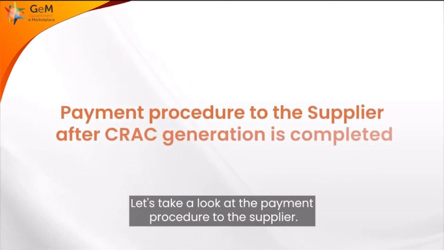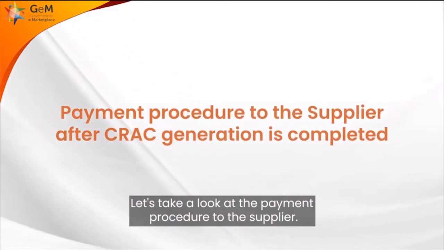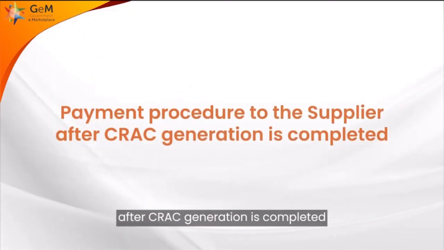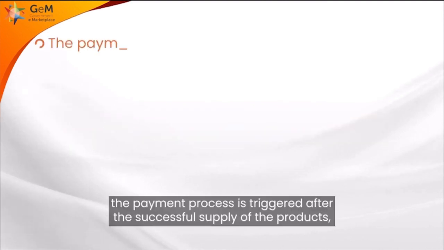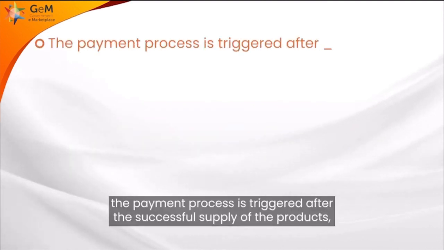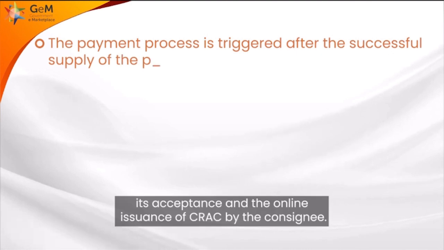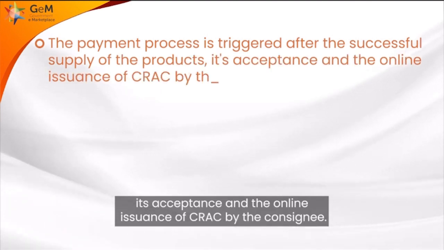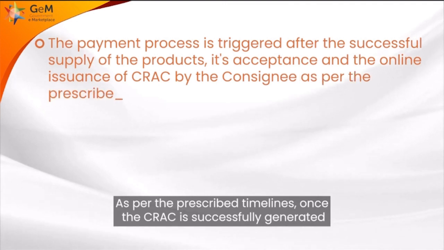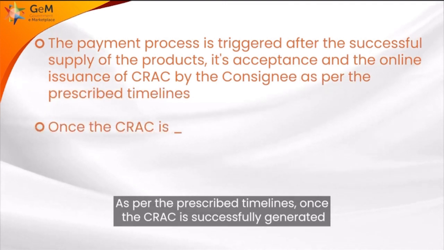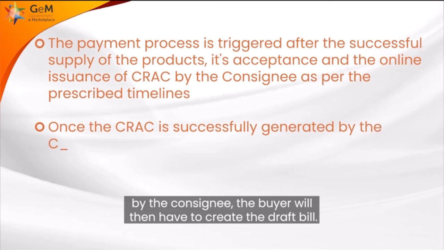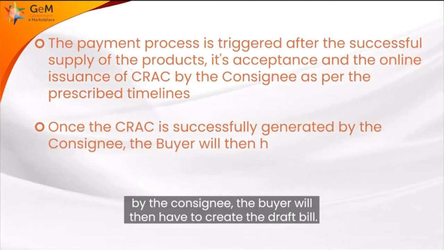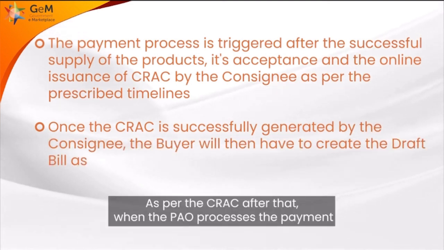Let's take a look at the payment procedure to the supplier after CRAC generation is completed. The payment process is triggered after the successful supply of the products, its acceptance and the online issuance of CRAC by the consignee as per the prescribed timelines. Once the CRAC is successfully generated by the consignee, the buyer will then have to create the draft bill as per the CRAC.